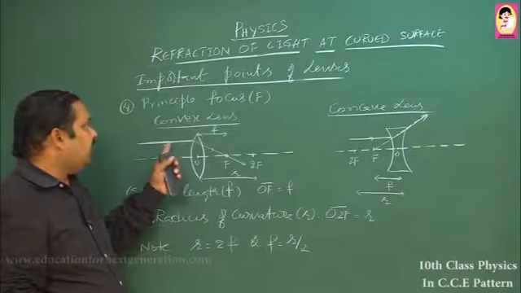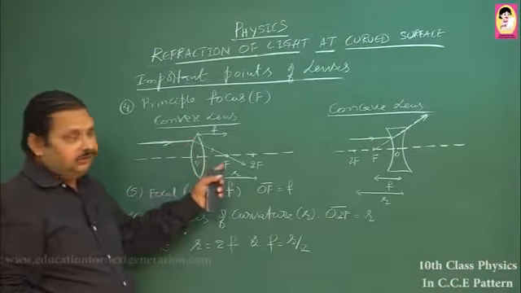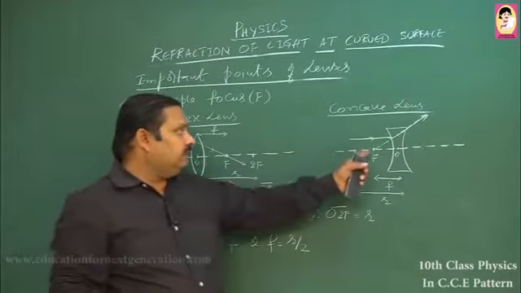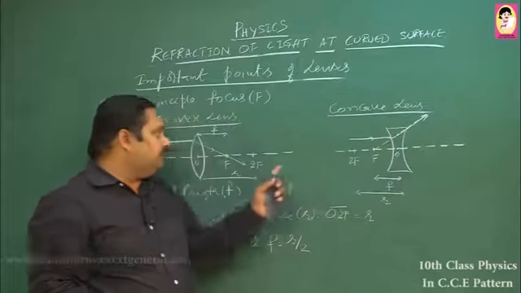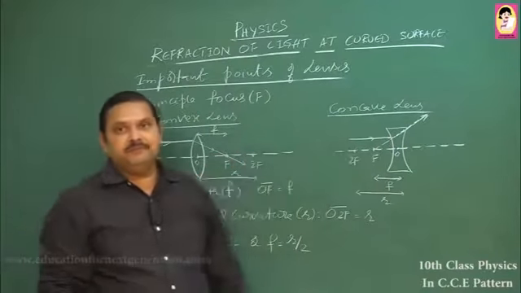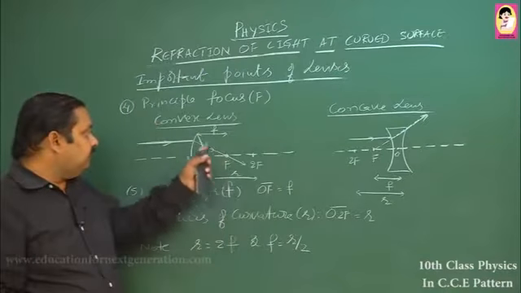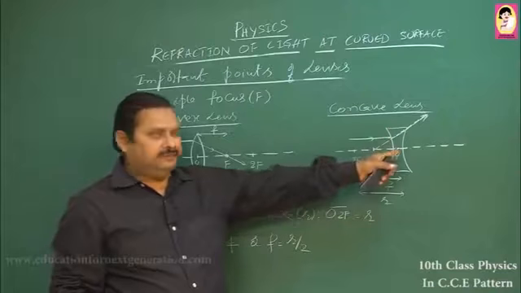In the case of convex, the light ray really converges through the focus, whereas in the case of concave, the ray of light apparently diverges from F. In both cases, we call this point the principal focus: this is the principal focus of the convex lens, and that is the principal focus of the concave lens.